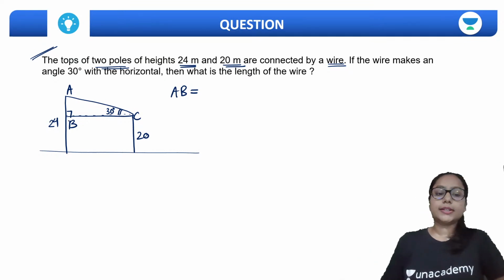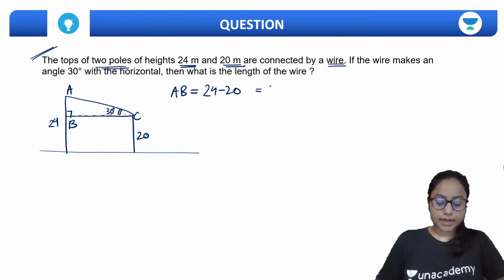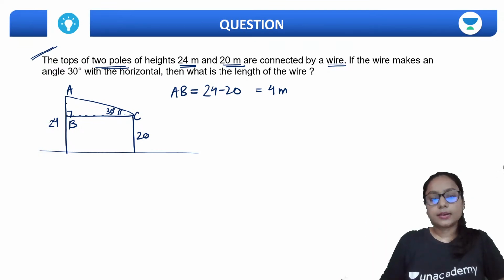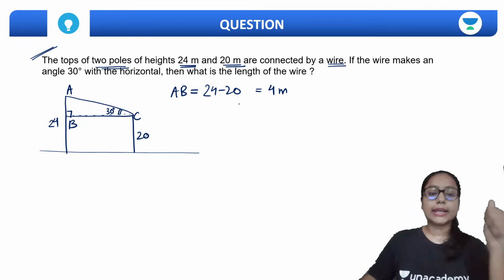Yes, everyone, what is it? It will be 24 minus 20, that is 4. Right? 4 meters. Sonam, clear? It won't be 8. Right? This BC will be parallel to the base. That is why 4. Correct.